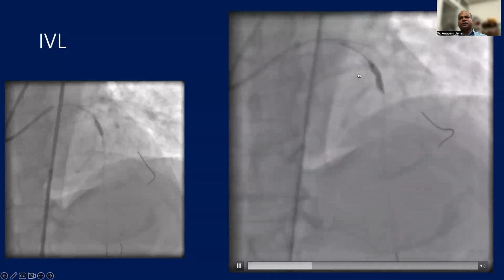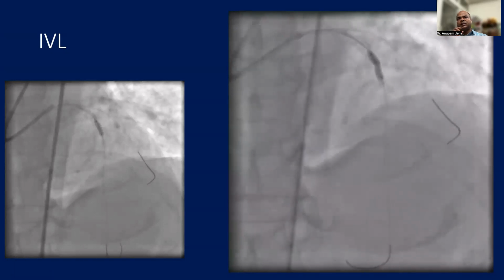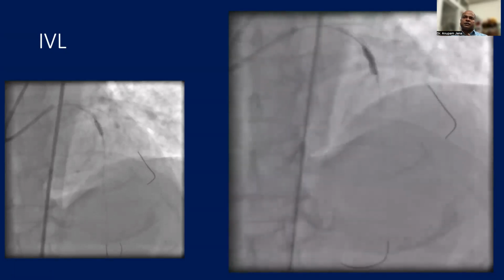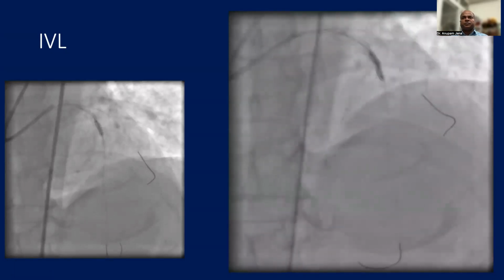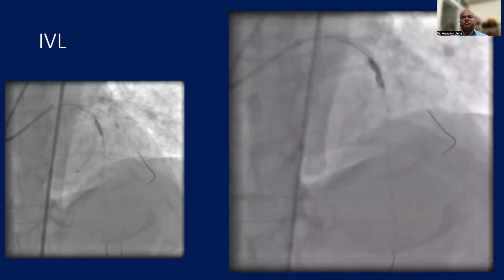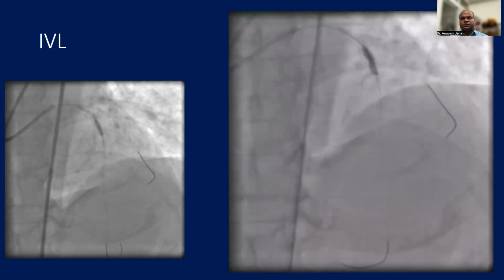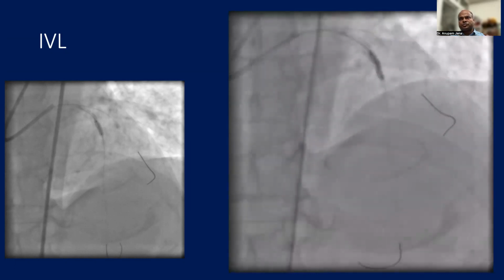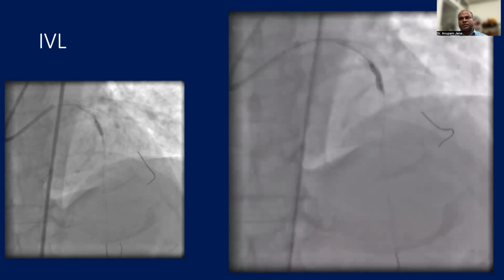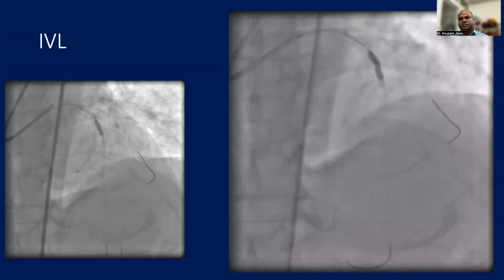intravascular lithotripsy. Many of our cardiology friends must be aware of intravascular lithotripsy. We give shock waves, like the lithotripsy used for renal or ureteric stones; it is more or less the same principle. There are emitters inside this balloon.